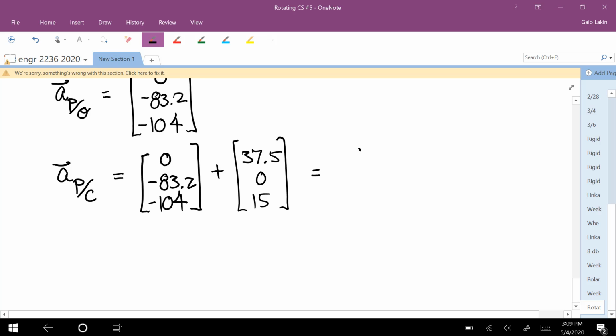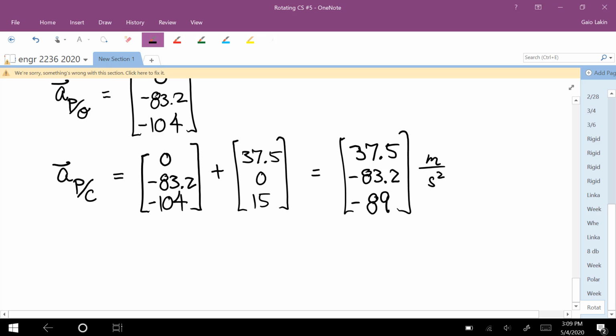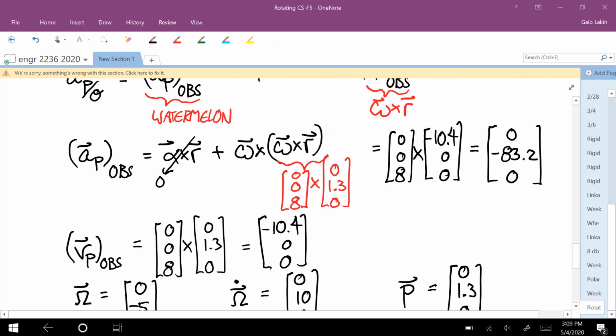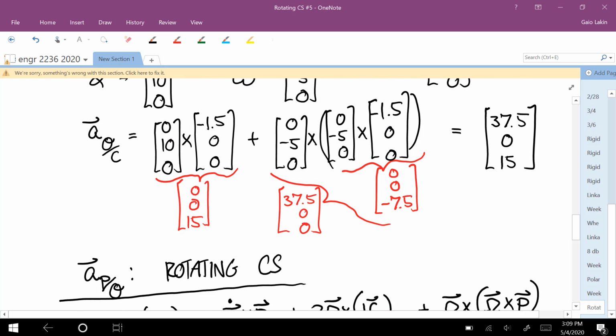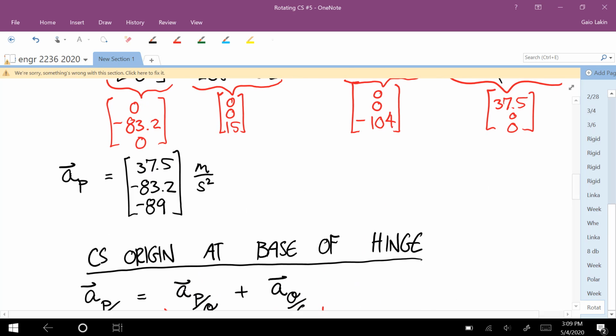And if you add those two together, you get (37.5, -83.2, -89) meters per second squared. That needs to match our answer from the first part. So let's look back farther. Positive 37.5, negative 83.2, negative 89. So it works out perfectly.